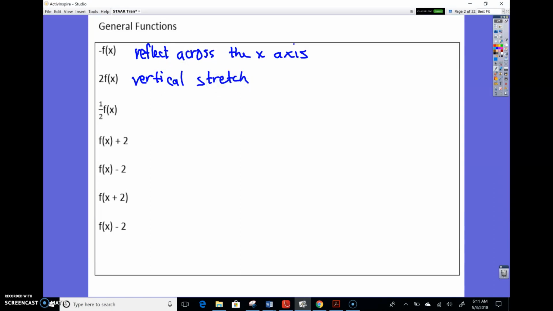If you put a half, it's a vertical compression. You make the number smaller than 1. If you add 2, or add any number, it causes the graph to translate up, or shifts up.